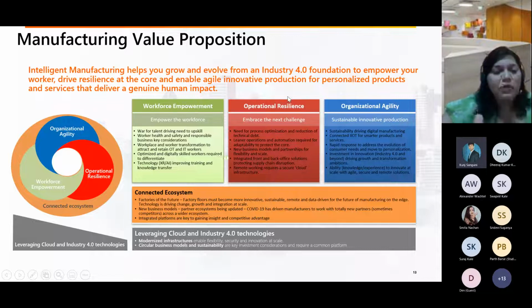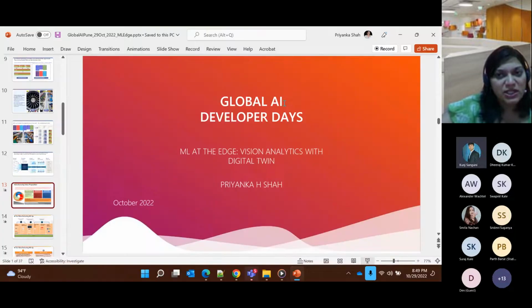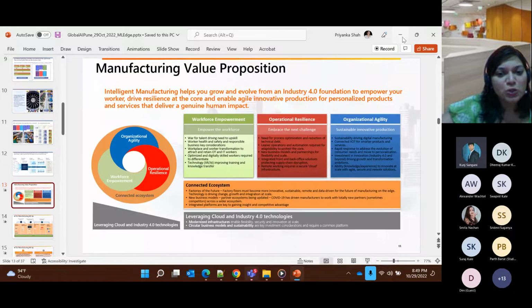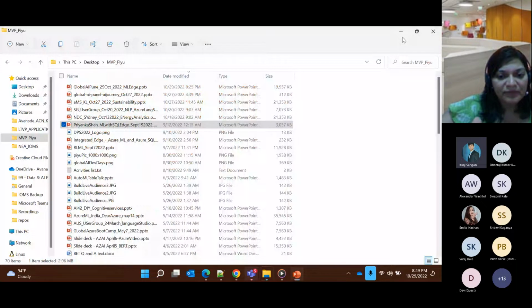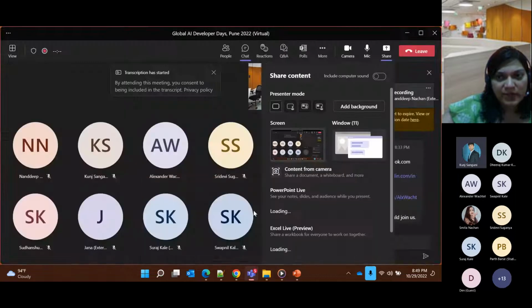Before we move on to workforce empowerment, operational resilience and organizational agility, and deep dive into just jargons, I want to make this easier for you by showing how digital twin really enables an end-to-end smart factory. This is done in real time by Microsoft.